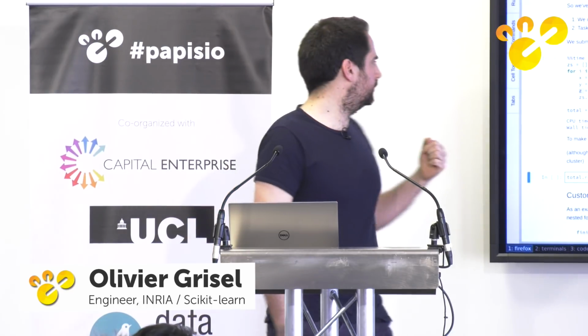So yes, here you see those red values here are the values that are stored in the cluster. Those correspond to the total variable in my program and the list of Z that I can potentially reuse later in my program.